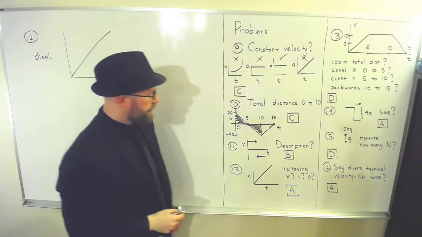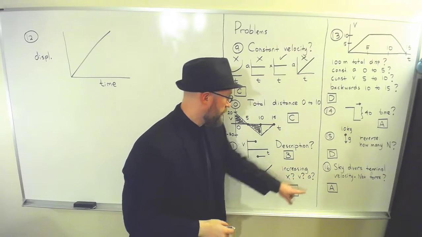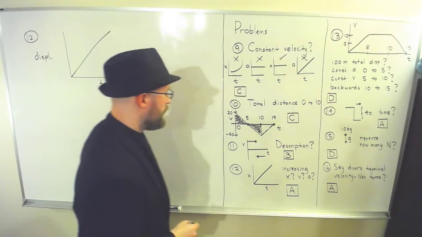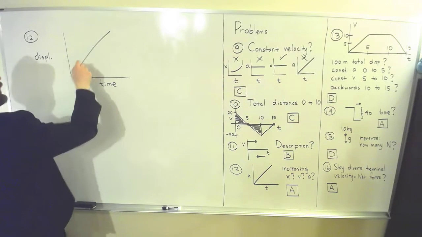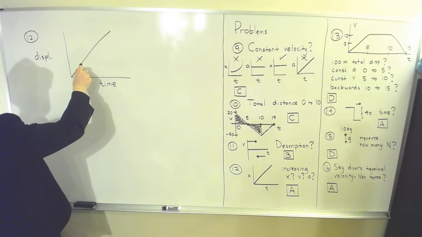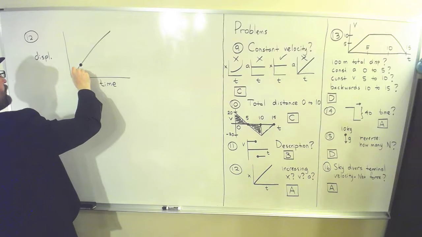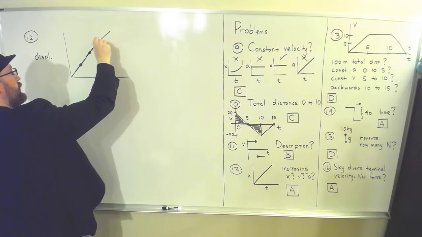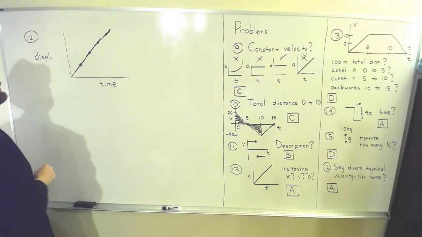And so what it's asking you is which of these variables are increasing? Is the position increasing? Is the velocity increasing? Is the acceleration increasing? Well, remember I told you if you have a displacement versus time, the velocity on there is the slope of the graph. And the slope is staying the same, same slope the whole time.